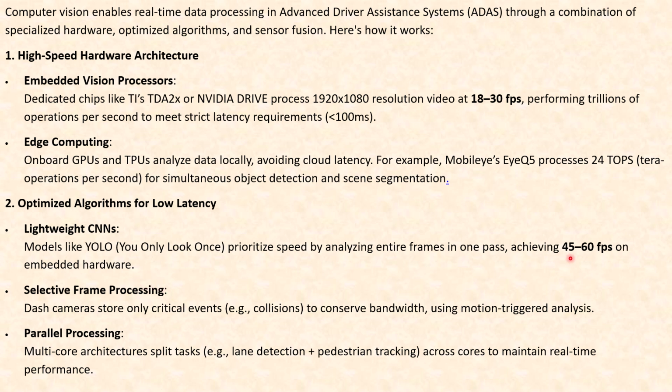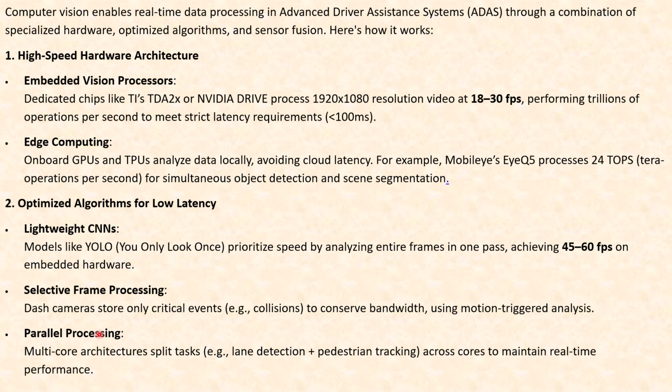So you achieve 45 to 60 FPS when compared to the 18 to 30 FPS of the embedded vision processor, and these lightweight convolutional neural networks very much reduce the latency. Now coming to selective frame processing, dash cameras store only critical events to conserve bandwidth using motion-triggered analysis.